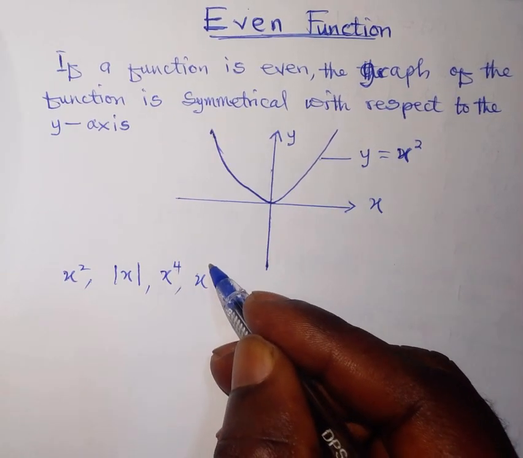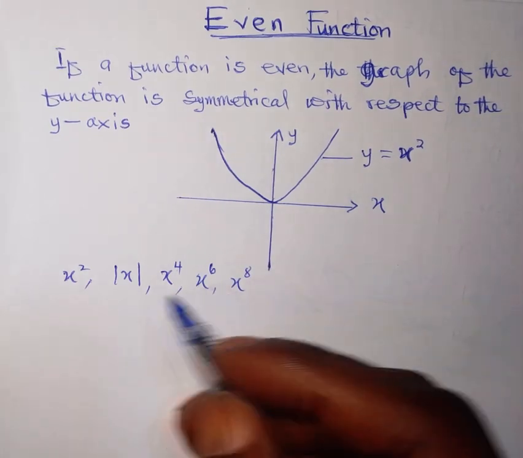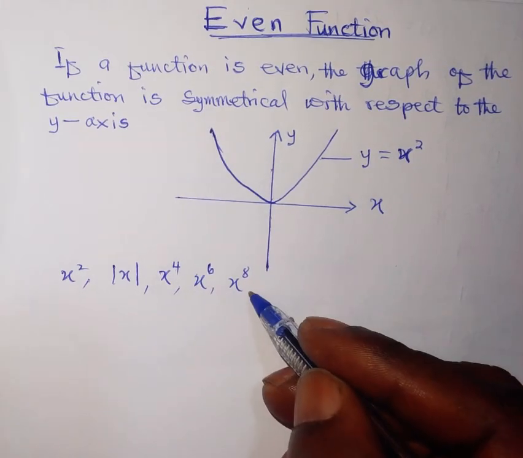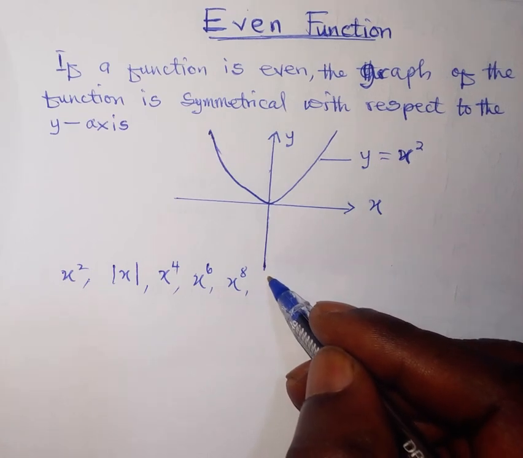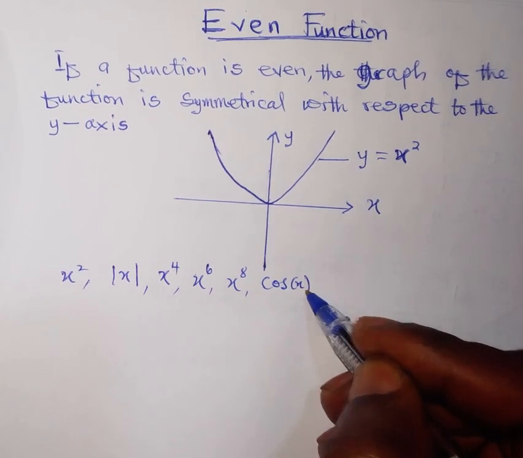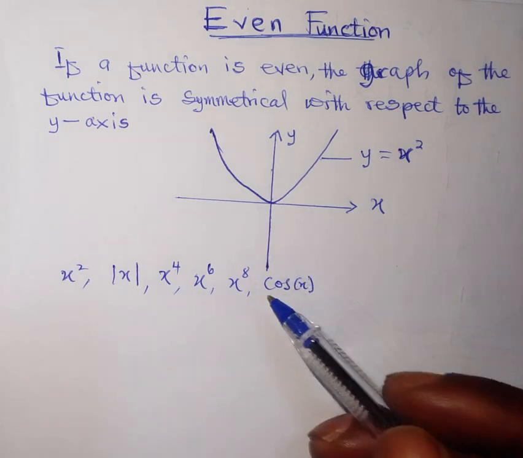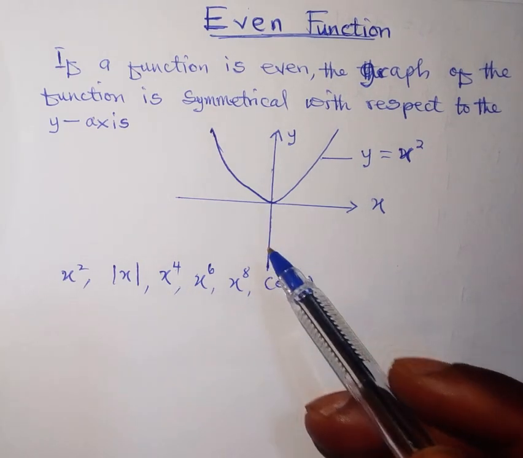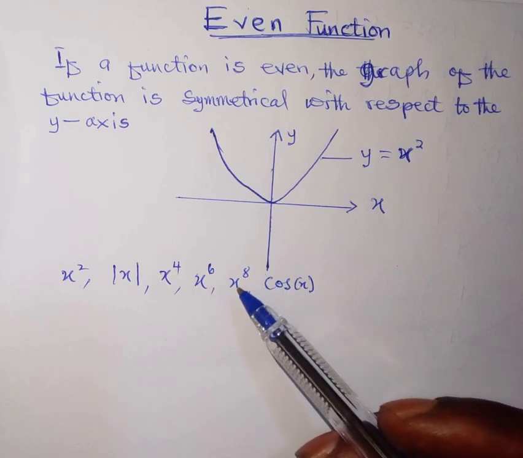So we can have 6, we can have 8, and the likes. We can also have trig functions where we can have cos x and its inverse. They are all examples of even functions. All right, so that is about even functions.